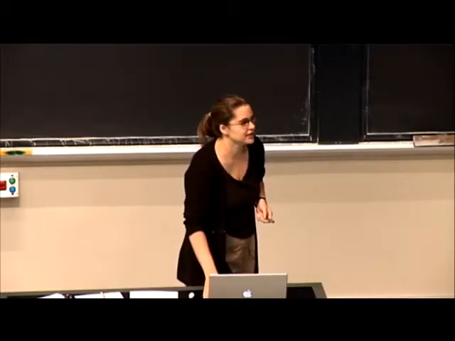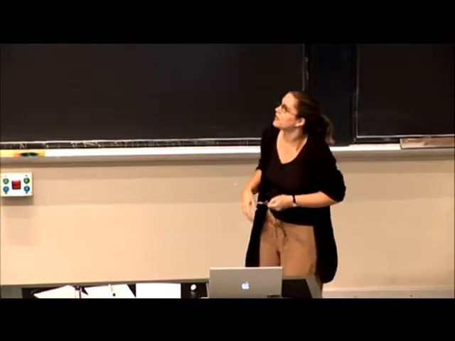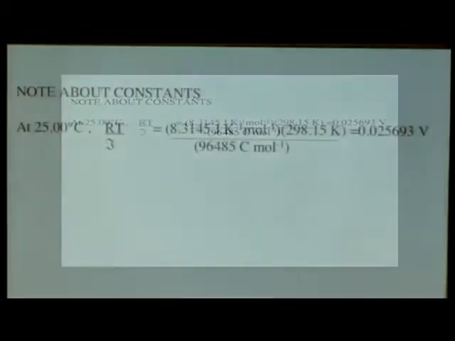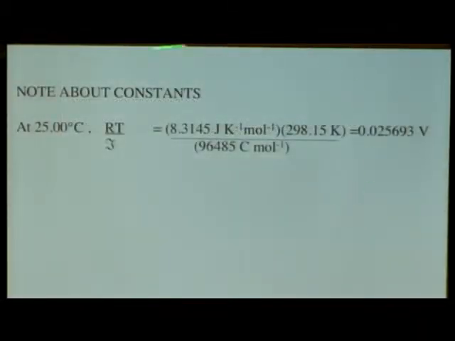All right, but I'm going to try to make it easier for you on an exam and avoid some math mistakes. All the problems I'm going to give you are at room temperature. And so the gas constant is a constant. Temperature for these problems is going to be a constant, always room temperature. Faraday's constant is a constant. So all of these, I'm going to give you the value that they all add up to.